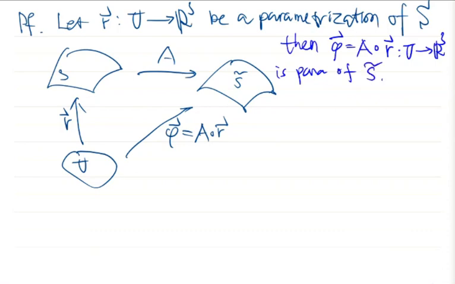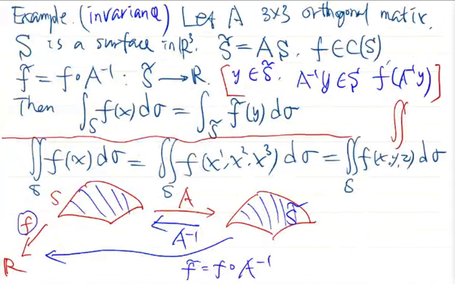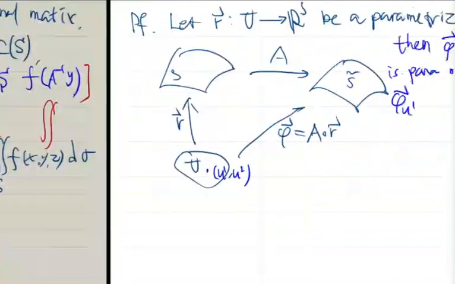Okay, so by the chain rule, we need to compute phi_U1 and phi_U2. Why do we need to compute this? The point in the parametrization space is denoted by U1, U2. So why do we compute phi_U1? Because when you compute the surface integral over S tilde, you use the parametrization phi we defined here.